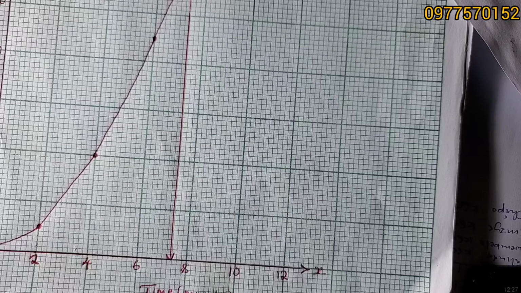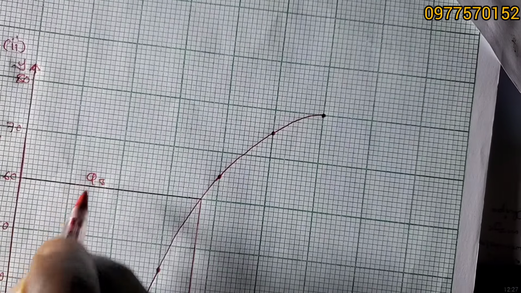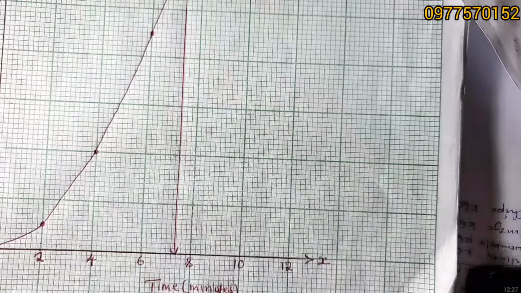Check. This is the Q3, and the Q3 as 60 is giving us the answer.